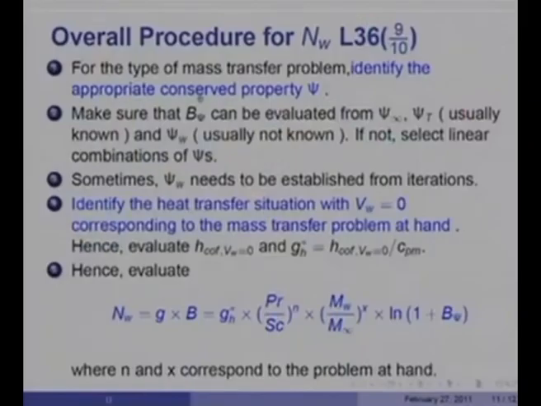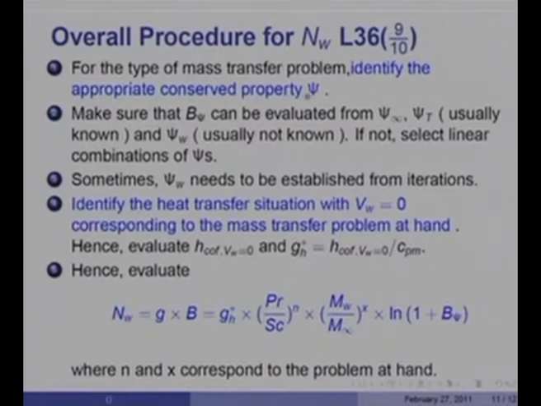So, then for the overall procedure for calculating N_W for all types of mass transfer problems that we encounter, identify first the appropriate conserved property psi, and we have shown how to do this in inert mass transfer, mass transfer with heat transfer, mass transfer with simple chemical reaction, and mass transfer with arbitrary chemical reaction.